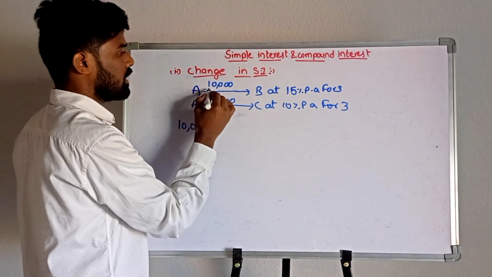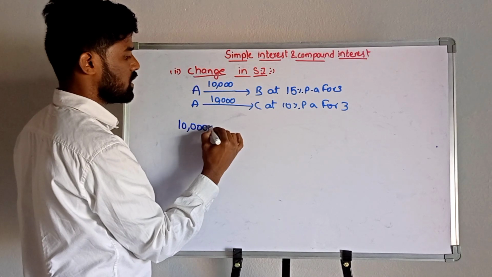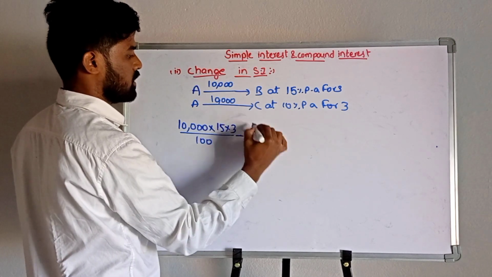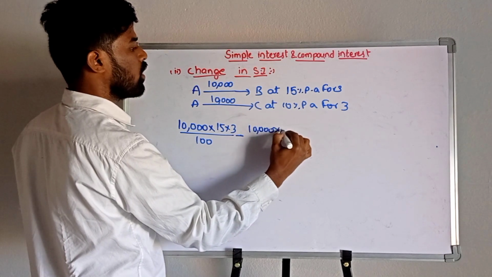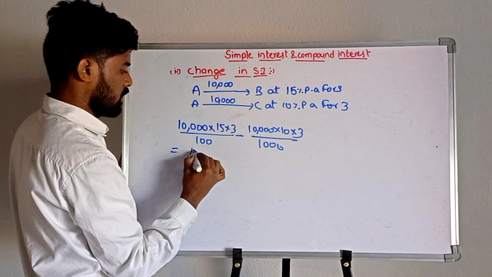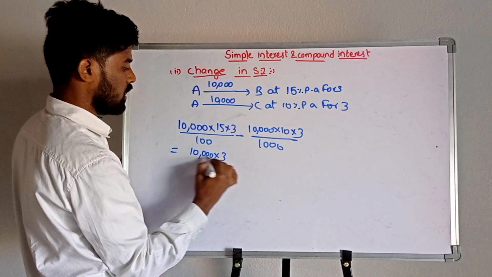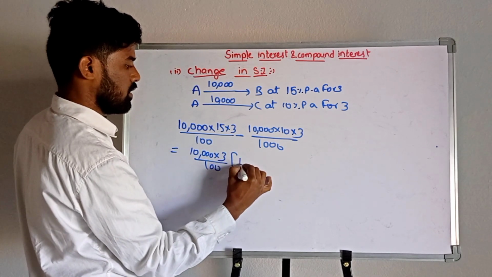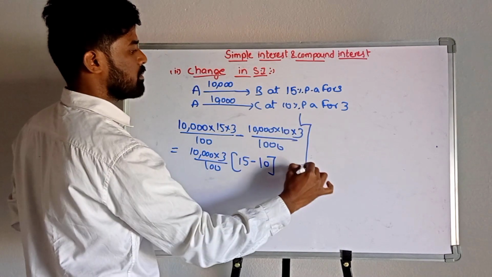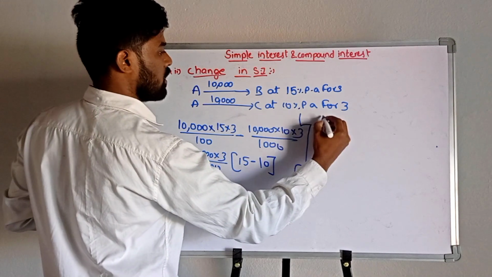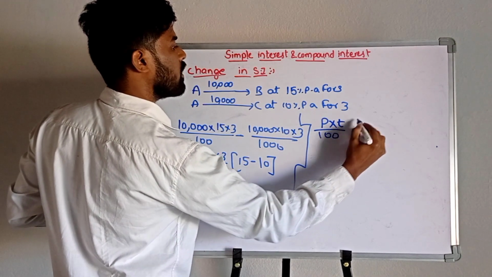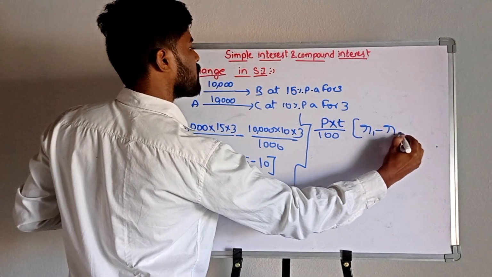We first calculate the simple interest here, that is 10,000 into 15 into 3 divided by 100 minus 10,000 into 10 into 3 divided by 100. 10,000 into 3 divided by 100 is common, into 15 minus 10. That means we can derive a formula, that is principal into T by 100 into R1 minus R2.